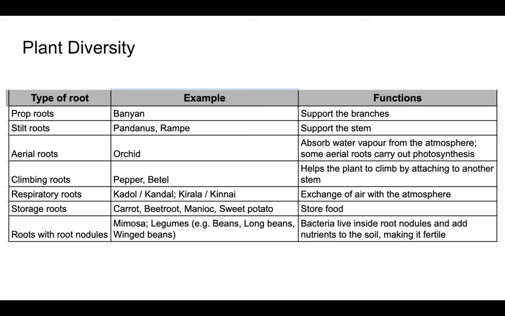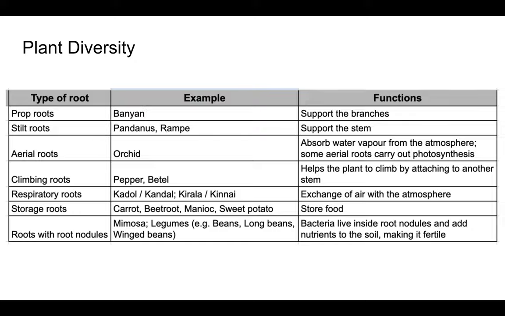The fourth one is climbing roots. The function is to help the plant climb by attaching to another stem or a support. We can use a wall as a support. Pepper and betel do that.